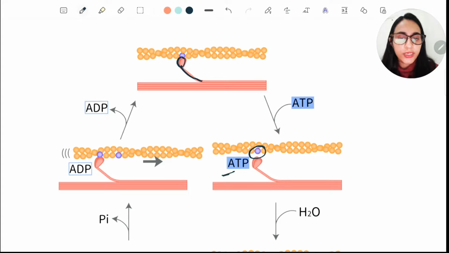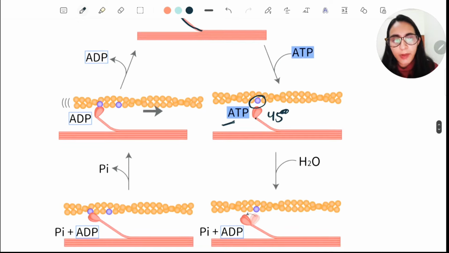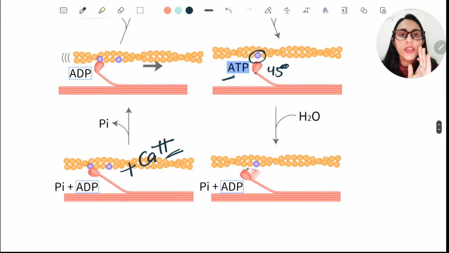As I told you, detachment requires ATP. So the release of ADP makes the myosin head tilted to 45 degrees, and then it binds to the calcium. So myosin head in presence of calcium is oriented to 90 degrees, and it attaches to the next actin filament, and the cross bridge formation takes place.